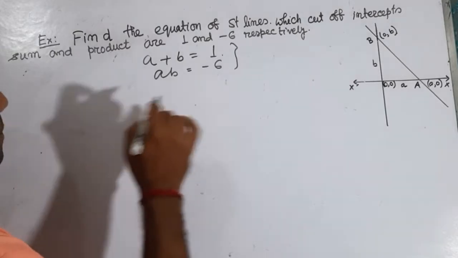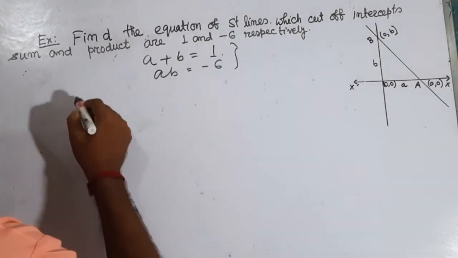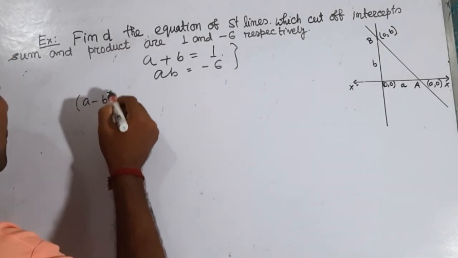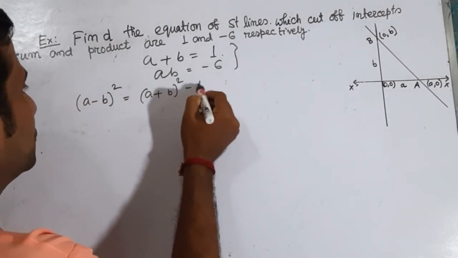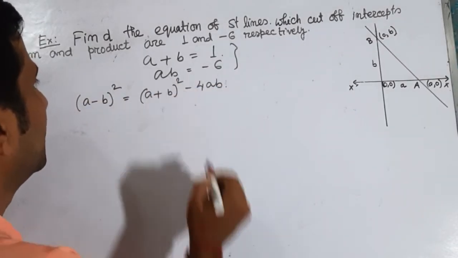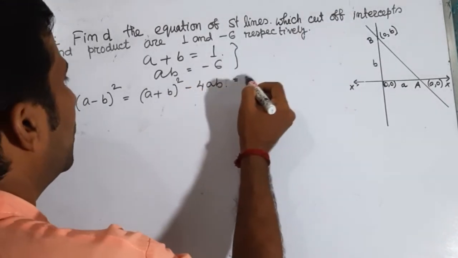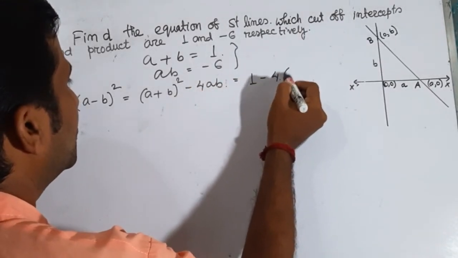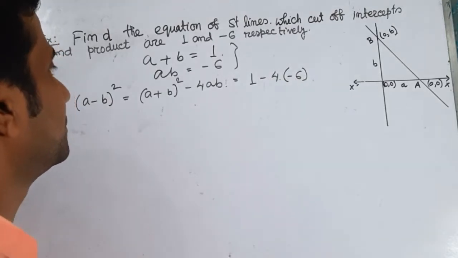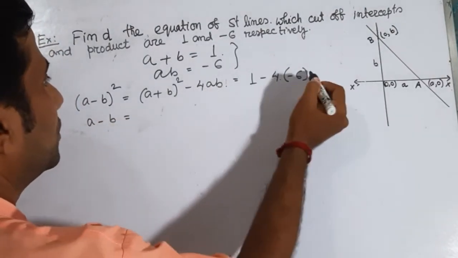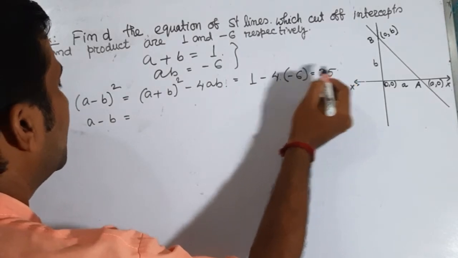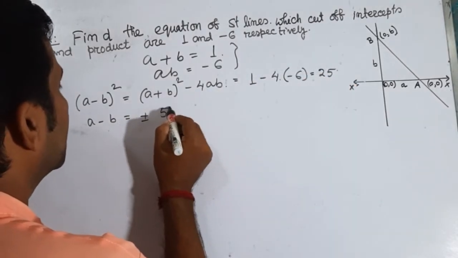What we have to do? a minus b whole square is equal to a plus b whole square minus 4ab. That means this is equal to 1 minus 4 into minus 6, so a minus b whole square is 25. a minus b is equal to plus or minus 5.